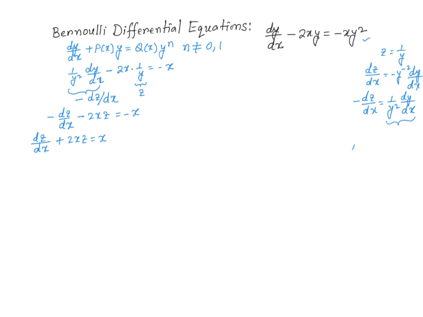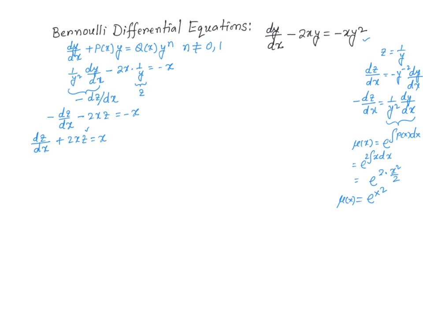So integrating factor is going to be mu of x is equal to e to the power integral p of x dx. Now p of x is the coefficient of z, which is 2x in our case. So it's going to be e to the power integral 2 times x dx. That will give me e to the power 2 times x squared over 2, or mu of x is equal to e to the power x squared.